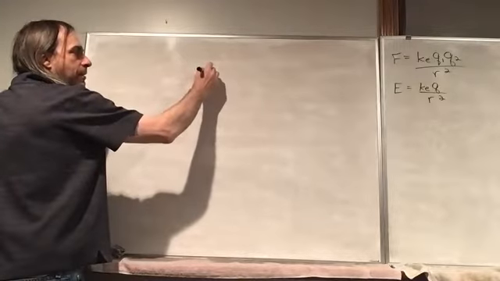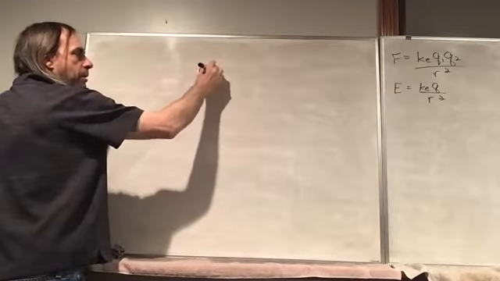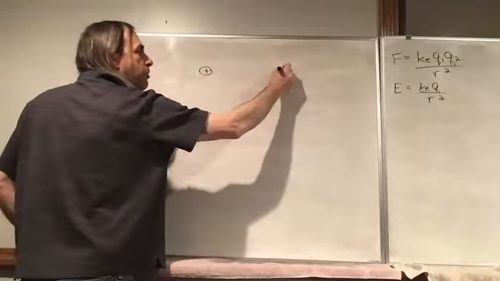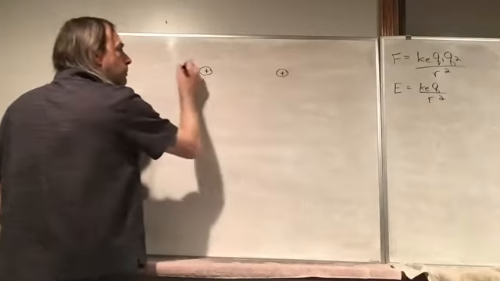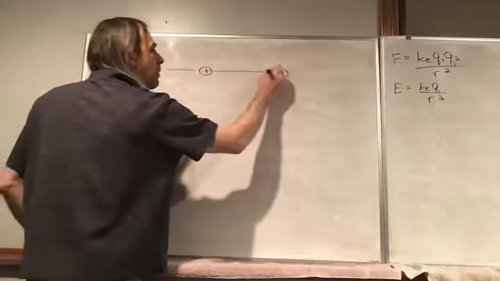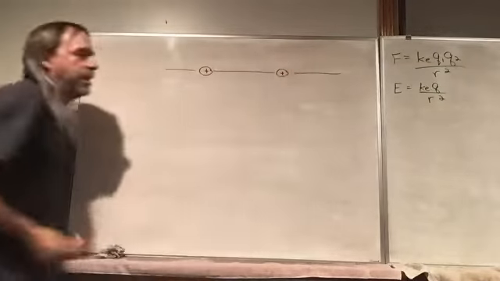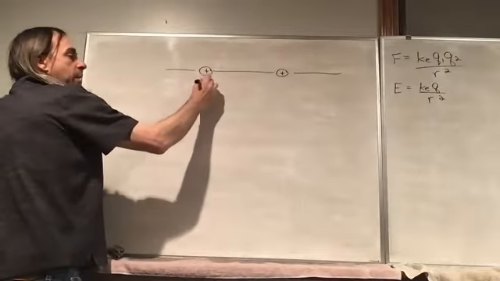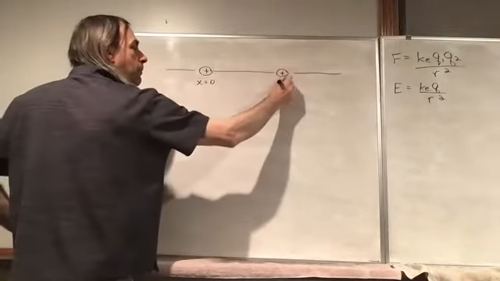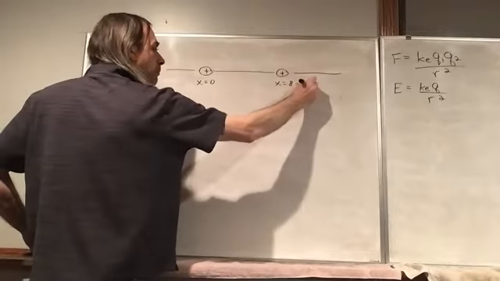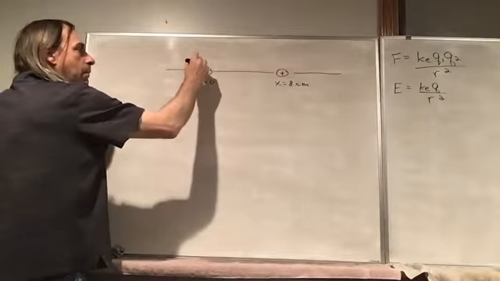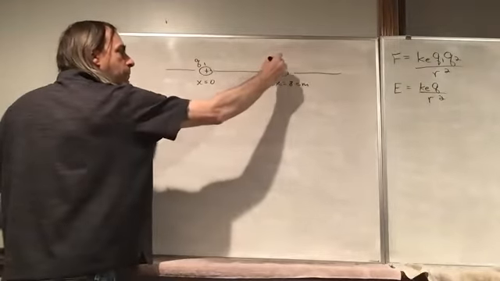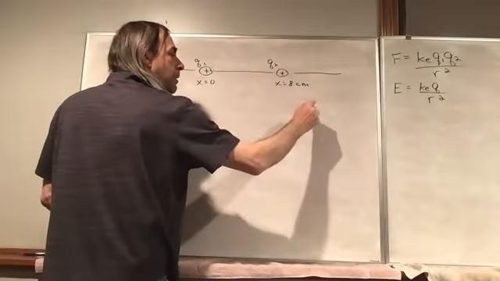So let's say we have two positive charges, and they're separated by, say, 8 centimeters. So we can place the origin here. So here are the two charges.